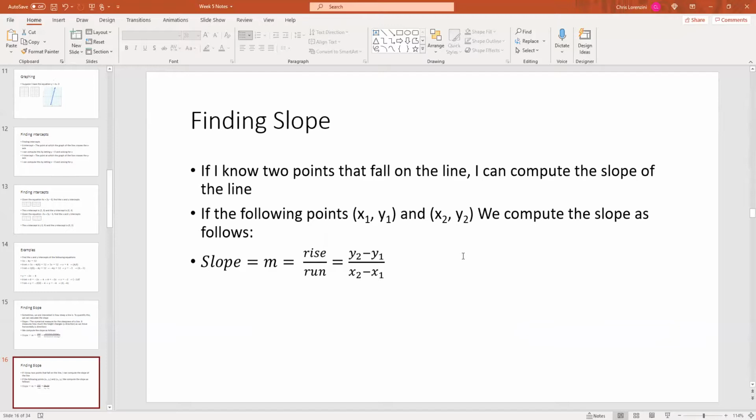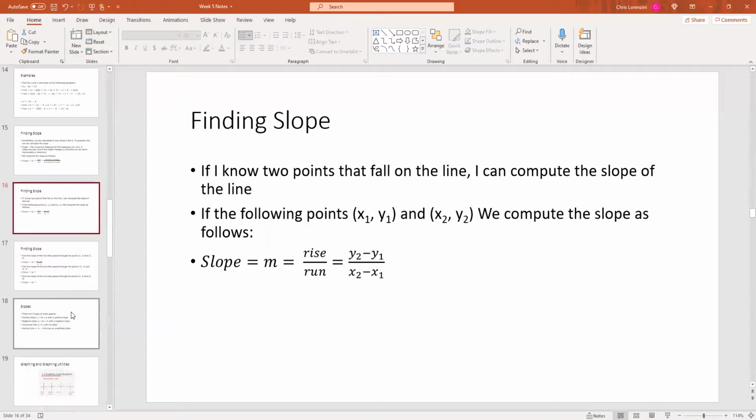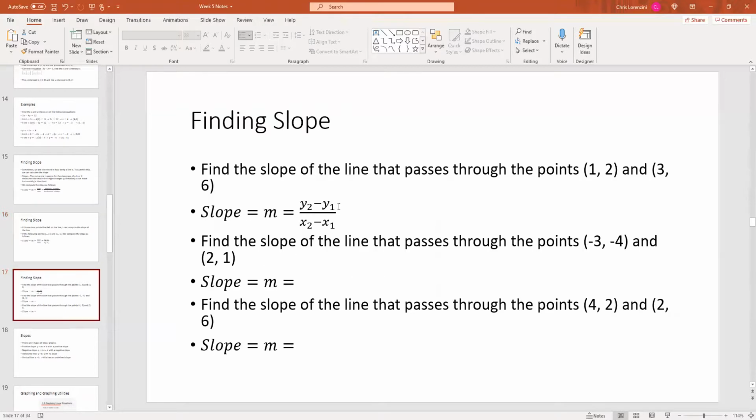That's what we use for the slope. m is equal to the rise over run, which is the change in y, y2 minus y1, over the change in x, x2 minus x1. So when we solve for the slope, we'll get a number associated with it, and that tells me how much my graph increases in the y direction as we move over in the x direction.